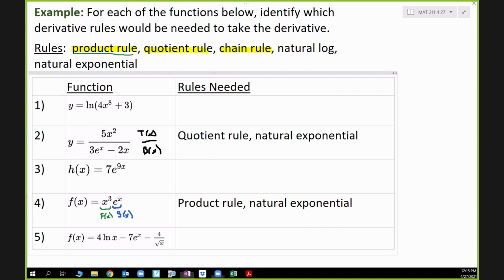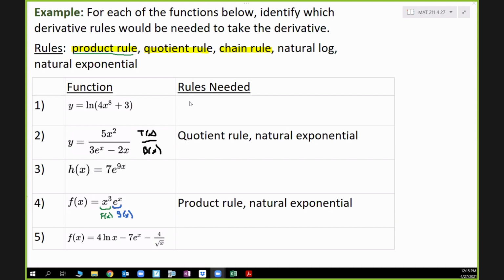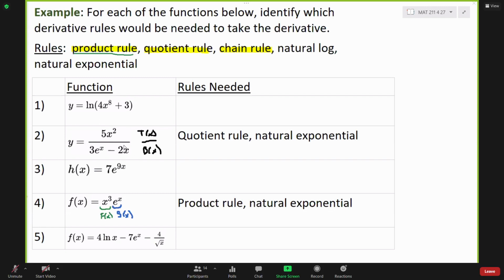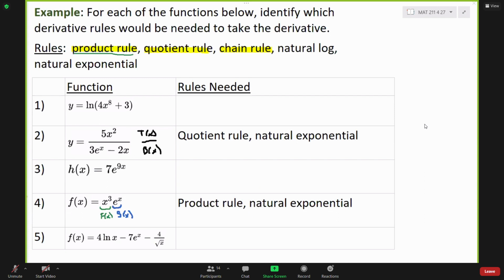So one more poll for this, and that is which of these require the chain rule? Okay, about 10 more seconds.